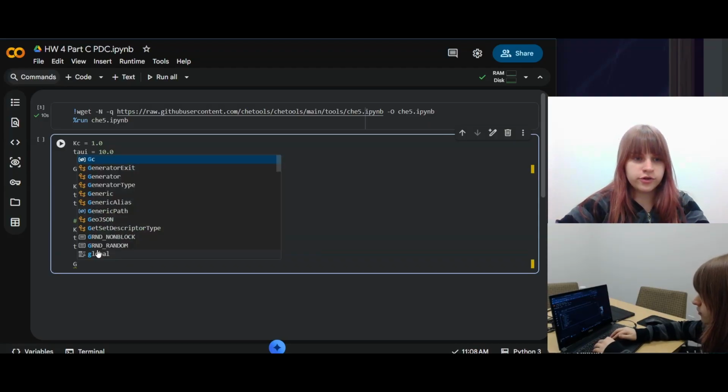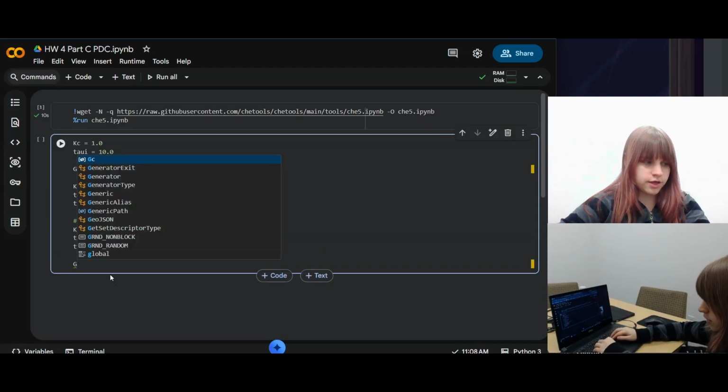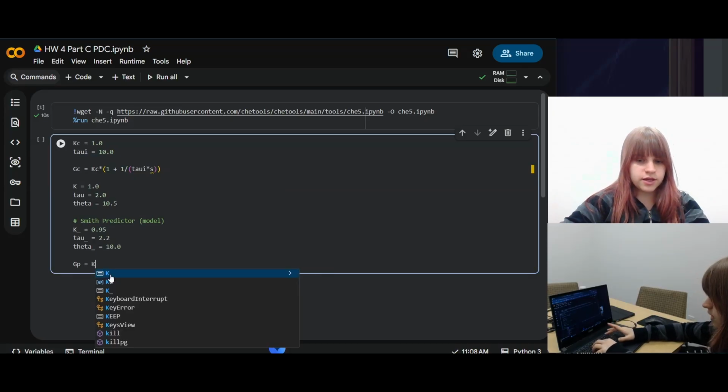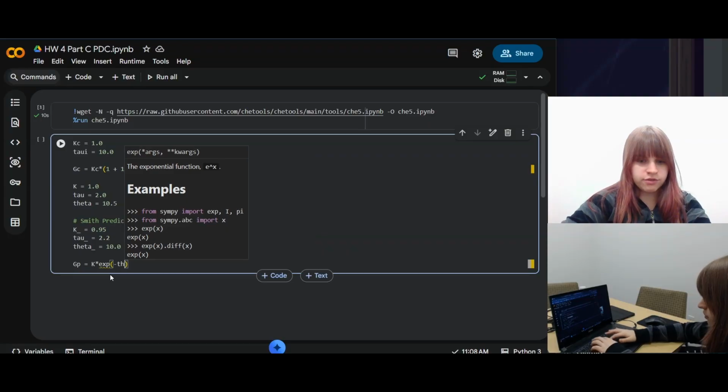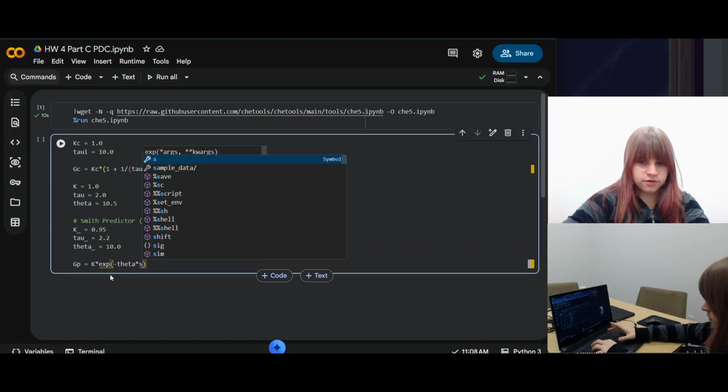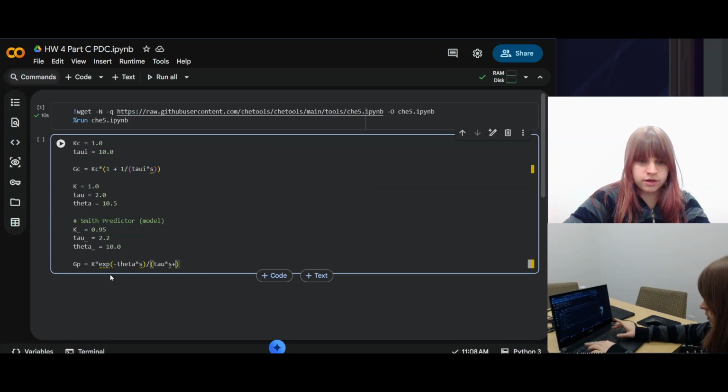Our transfer function then with the dead time is K times e to the negative theta times s divided by tau times s plus 1.